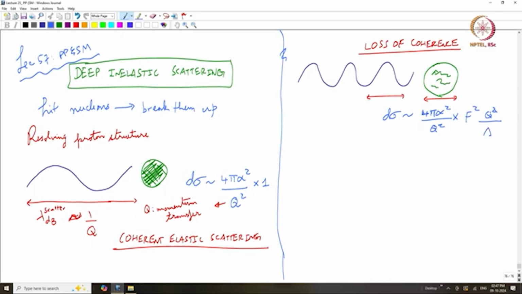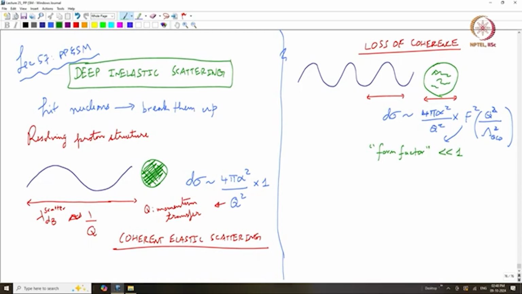And that function is usually parameterized this way, f squared of q squared over lambda QCD squared, where this f is called the form factor, okay, and the key is it is less than 1.